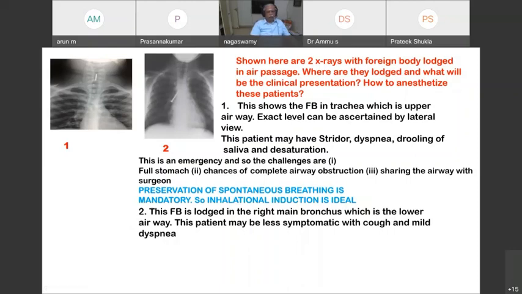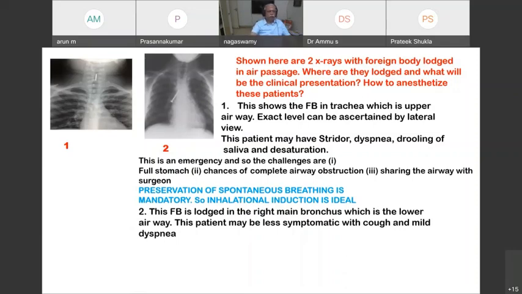So always, in a pediatric case of foreign body aspiration, you have to first divide whether it is an upper airway foreign body or a lower airway foreign body. The lower airway foreign bodies are less troublesome, whereas the upper airway foreign bodies are threatening and dangerous. So how do you manage the lower airway?